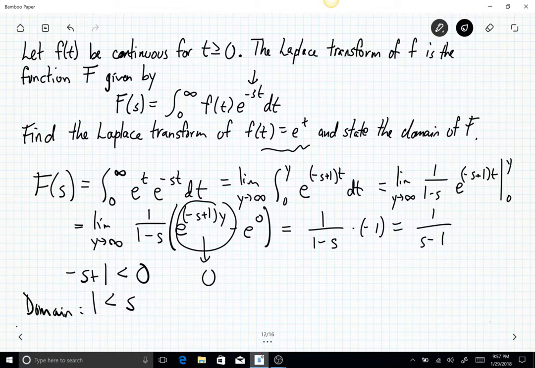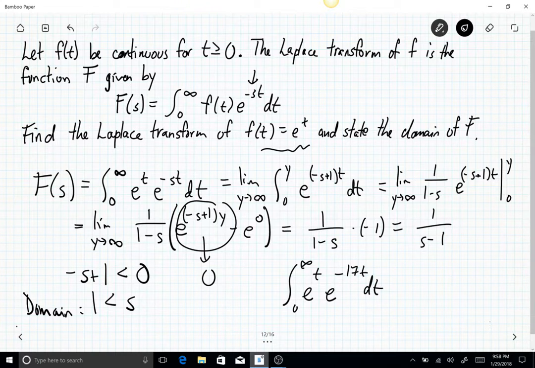So now, what's the big to-do here? Let's say we had the integral of e to the t times e to the negative 17t dt.